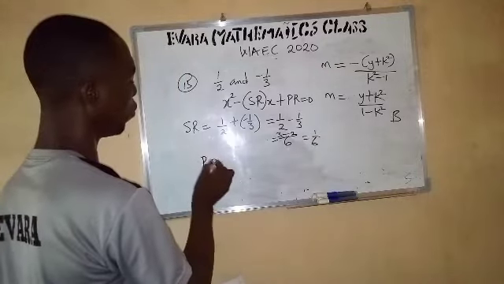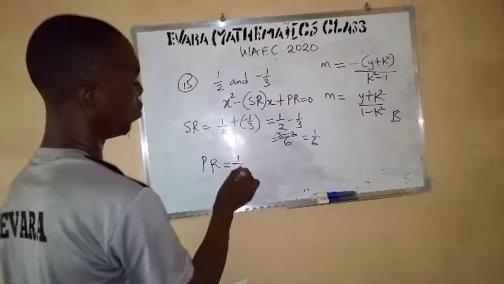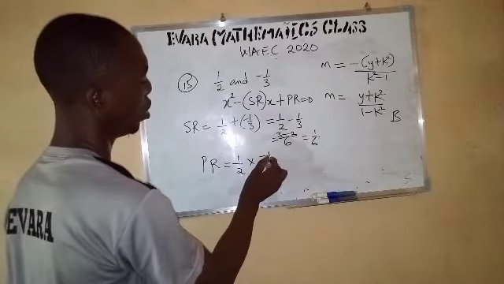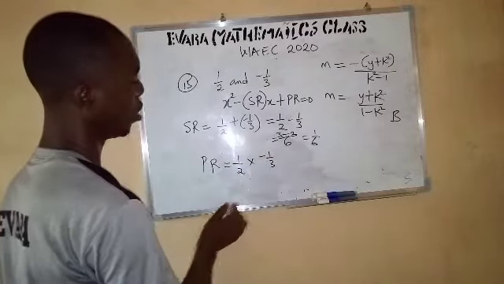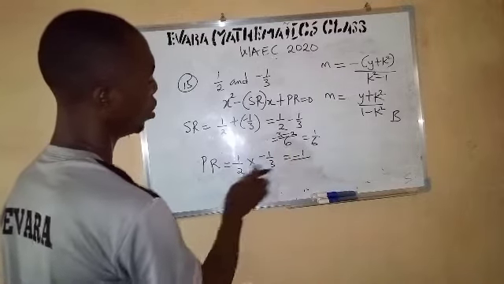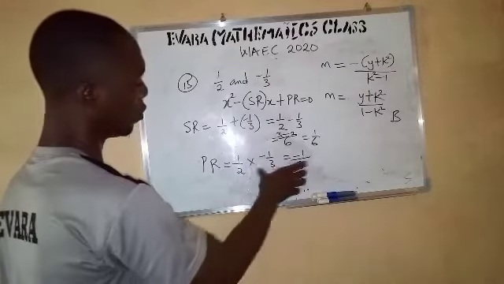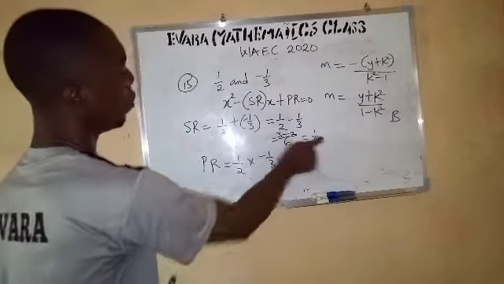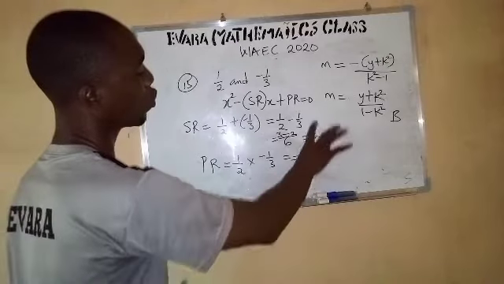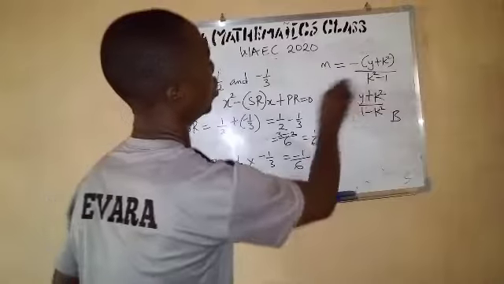Now, product of roots means you should multiply 1 over 2 by minus 1 over 3. And that will give us 1 times minus 1 is minus 1, 2 times 3, 6. So having gotten these two values, the sum of the roots and the product of the roots, we just substitute them back into the equation.